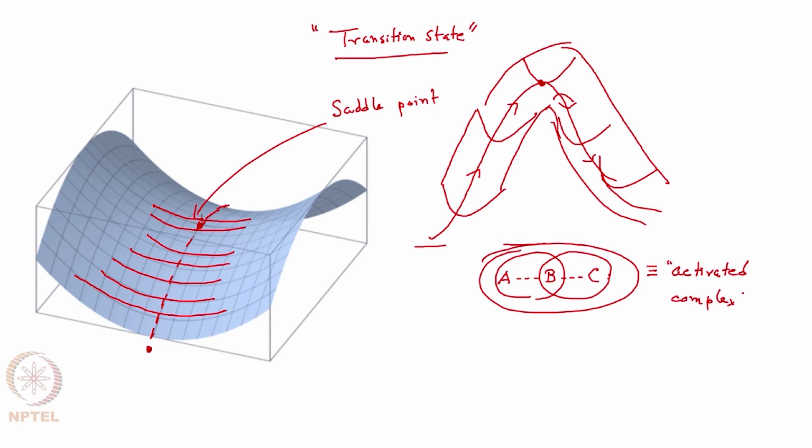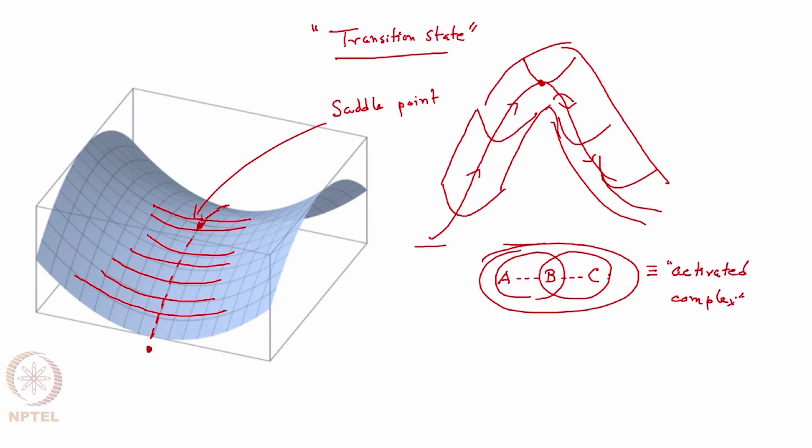They call it an activated complex in the sense that you activate the reactants, and then you form a complex where some bonds are weakly formed or in a state of being broken, which will eventually break as I cross this path. That is lying at the maxima in the direction of the reaction, but in all other directions it is sitting at the minima of the potential energy surface.